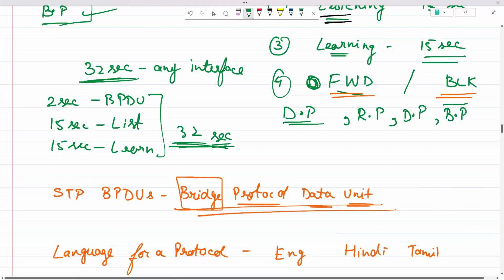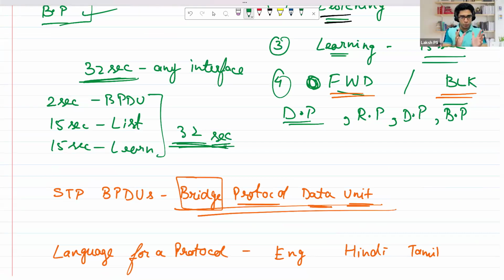As I said, this is the normal scenario where you just connected the switch to an Ethernet port with a wire. The moment you connect a wire to a switch port, it takes 32 seconds to go into a forwarding state or any state, be it block port, designated port, root port, any port. It takes 32 seconds. Okay. Got it.